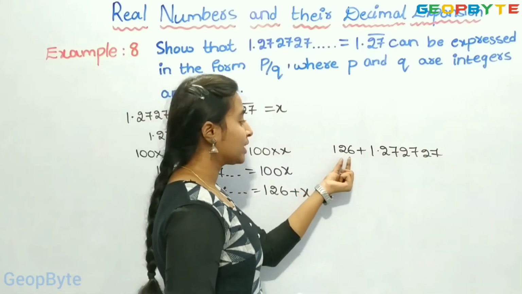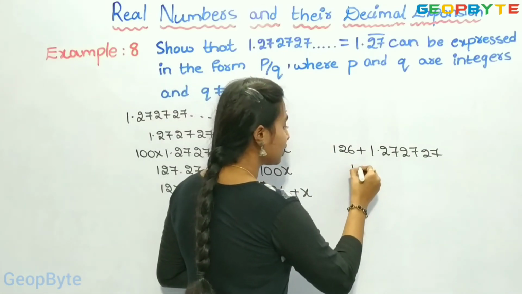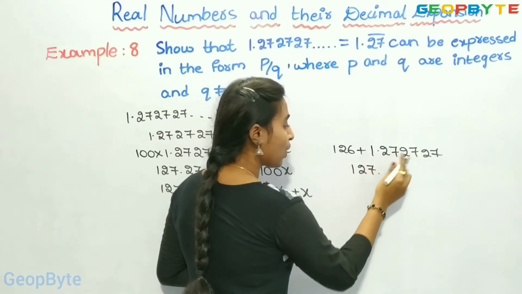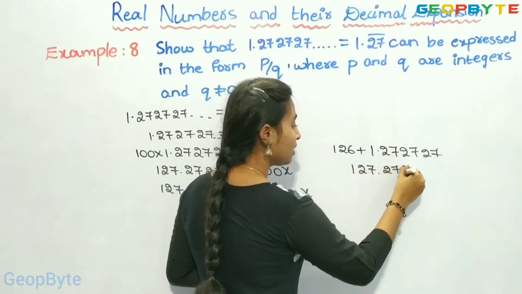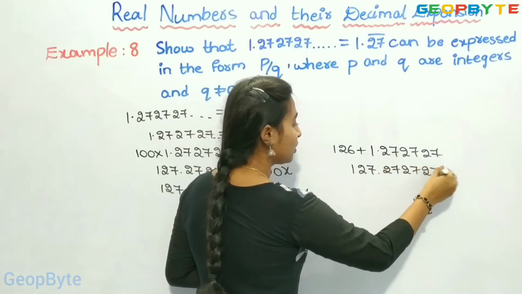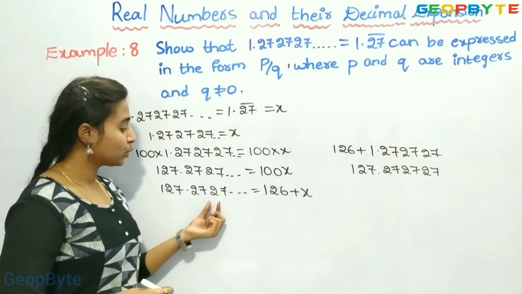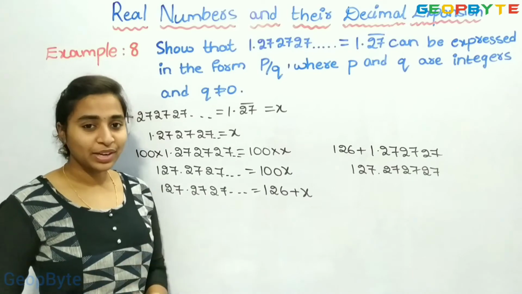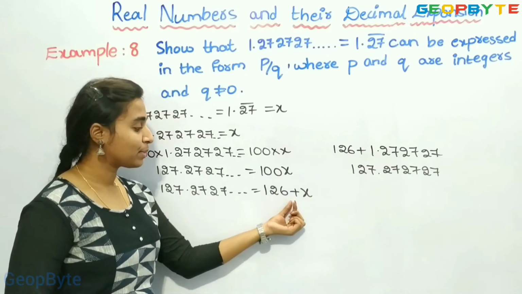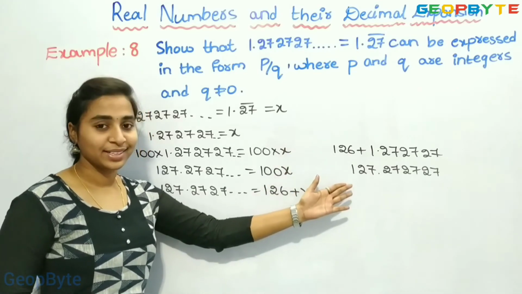Now, 126 plus 1 gives you 127.272727. So, 127.2727 can be written as 126 plus X, like this.